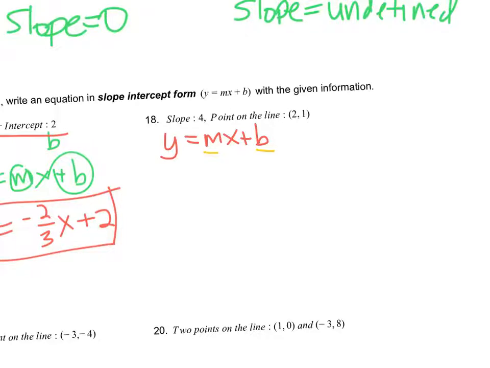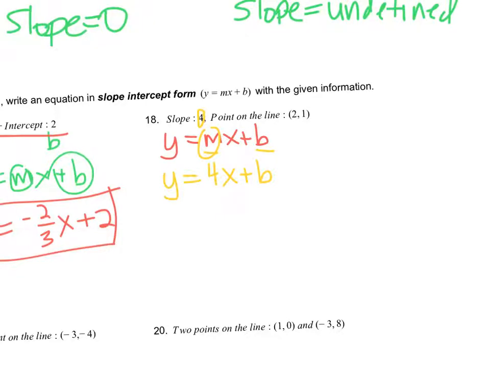Good news, half the puzzle's done for me. Slope 4, I know what m is right at the beginning. So I'll plug it in: y equals 4x plus b. Now my only job for the rest of this problem is to figure out the b value, the y-intercept.